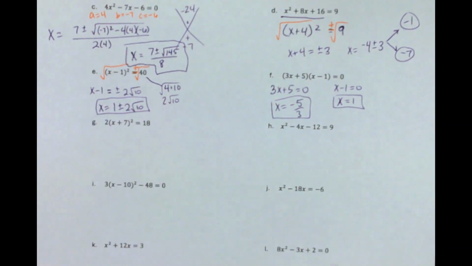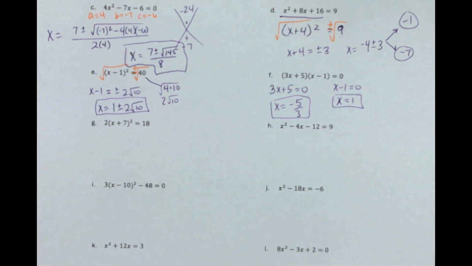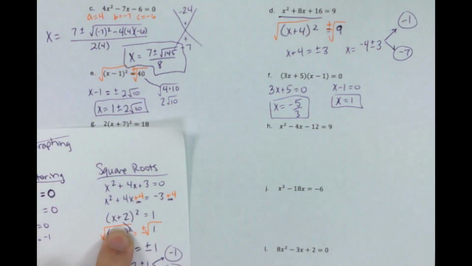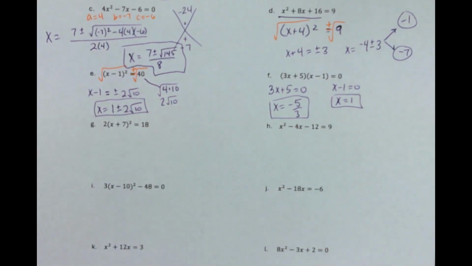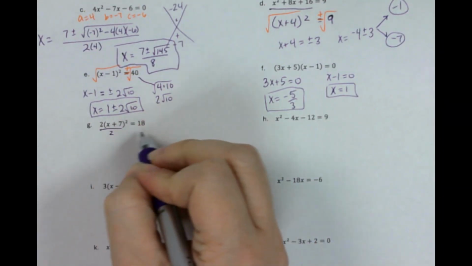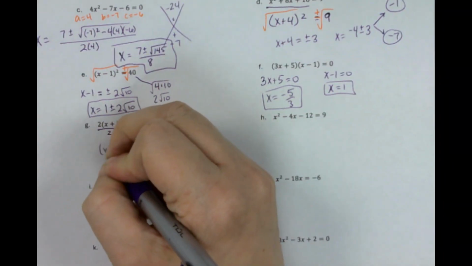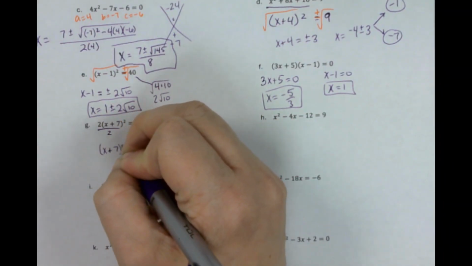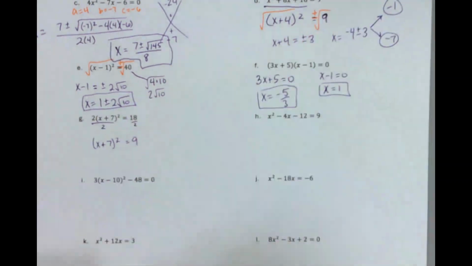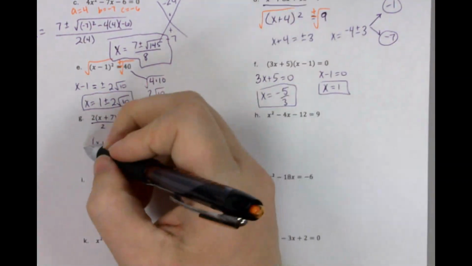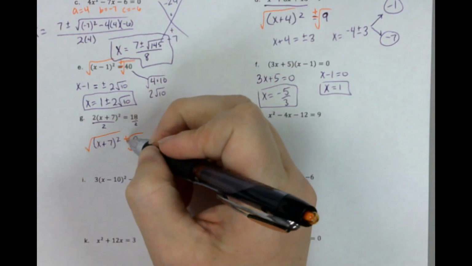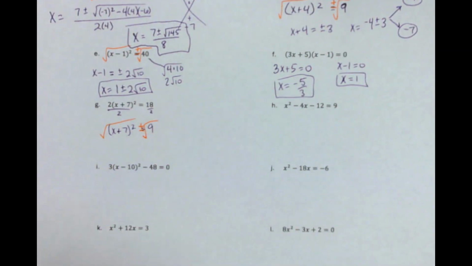G. This looks like square roots. We have a number in front of it, but it is something squared. So we're going to divide off the 2. We have x plus 7 squared equals 9. We're going to take the square root of both sides, which means positive and negative.